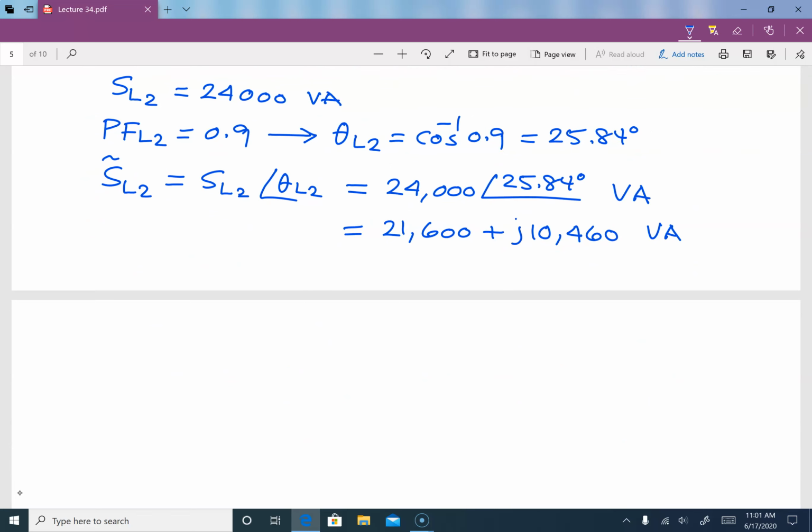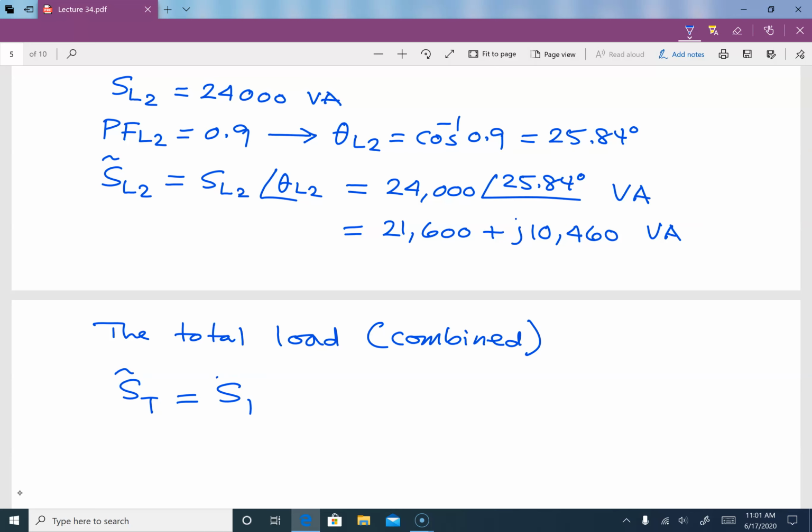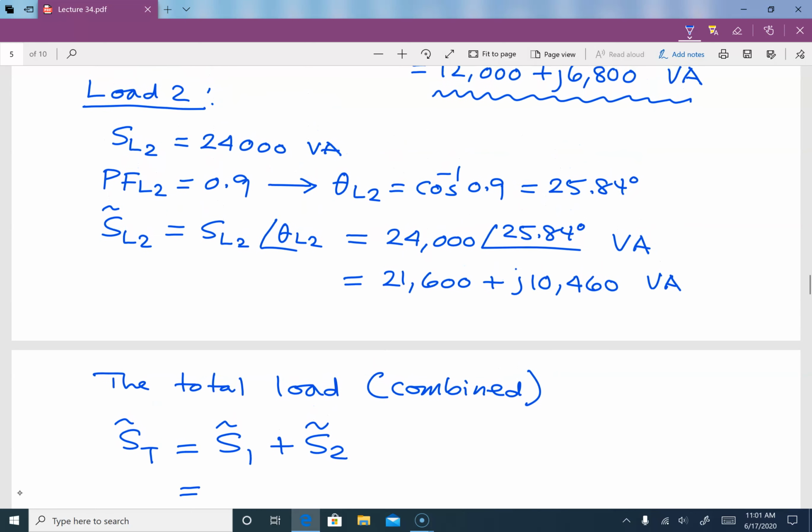So we can say the total load or the combined load as S total is equal to S1 plus S2, and that is equal to our value.